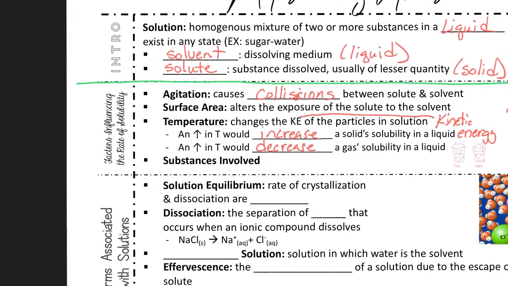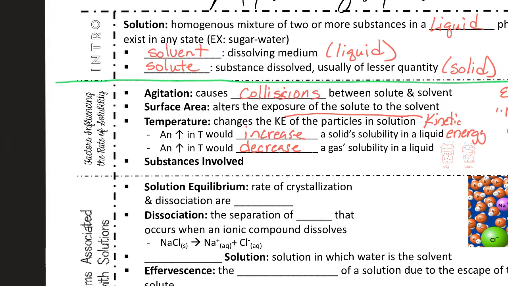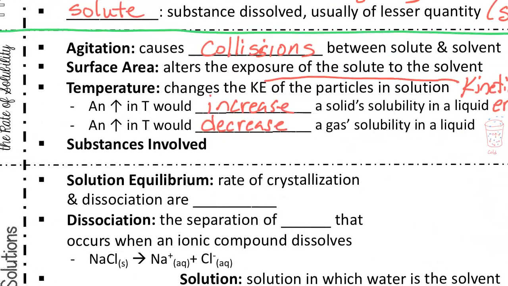Now, the other thing that makes a difference as far as what influences the rate of solubility is the substances that are involved. If they have weak intermolecular forces, they're also going to dissolve more easily.